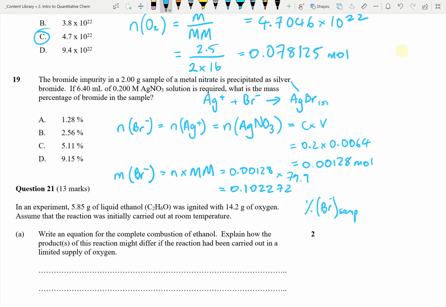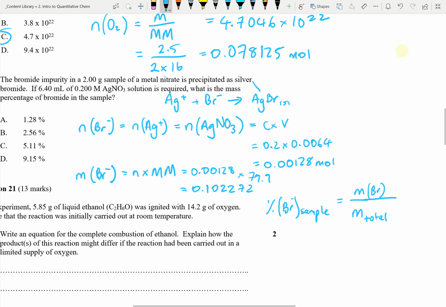It's going to be the mass of bromine on the mass of sample, I guess, mass of the metal nitrate. Mass, I'll just call it mass total. And times by 100%.